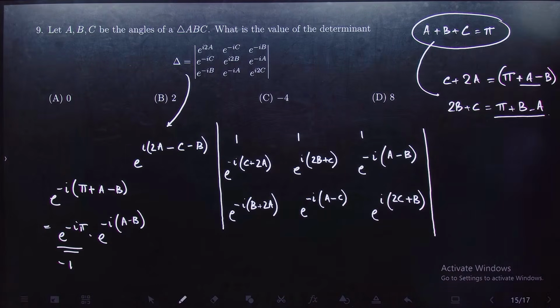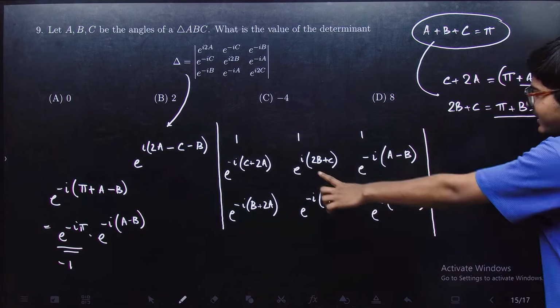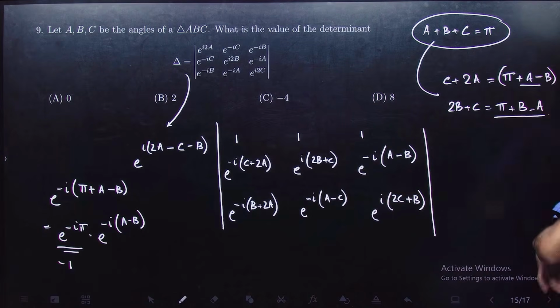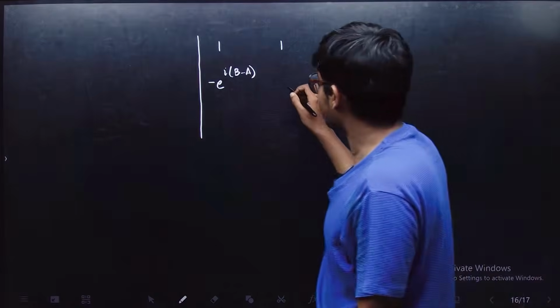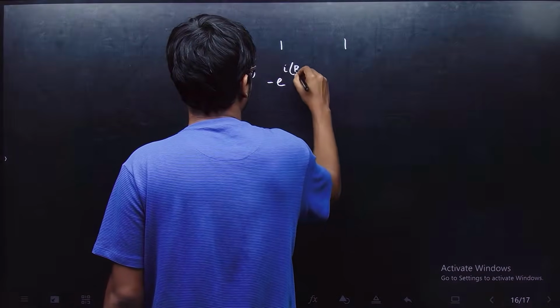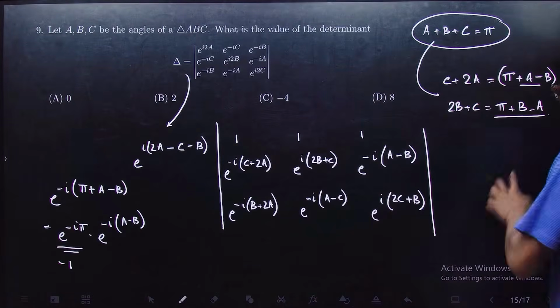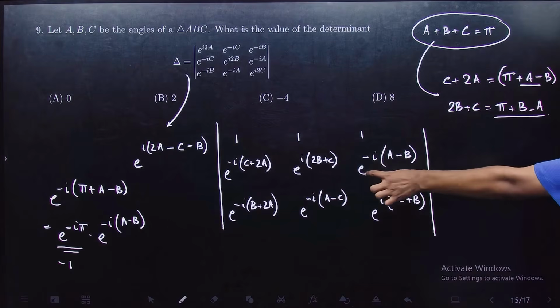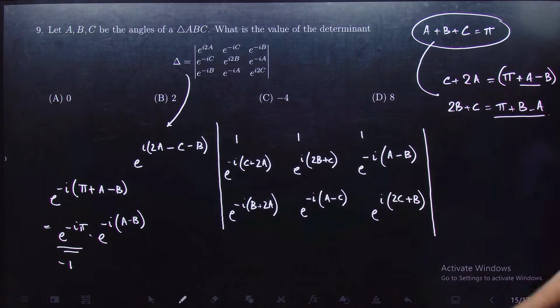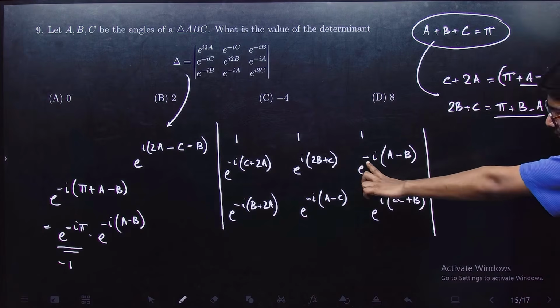By the same argument, you'll get a minus 1 because of iota pi, so minus 1 times e to the power b minus a. You get the same term. Third one, e to the power minus iota times a minus b. If I take this minus sign outside, this is nothing but e to the power iota times b minus a.